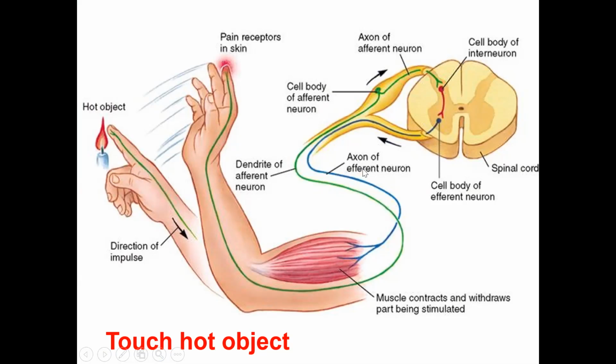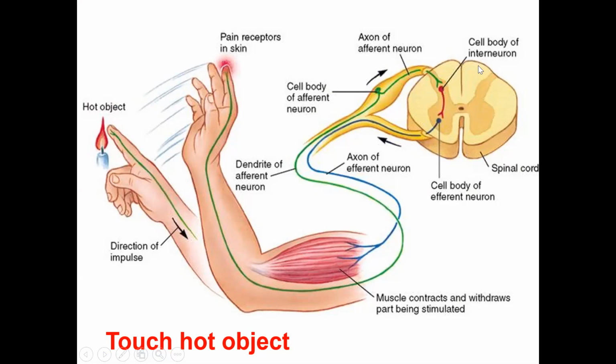For example, when you touch a hot object, the pain receptor will detect the stimuli. The stimuli is the hot object. This pain receptor will send the nerve impulse to the spinal cord using what? Using the afferent neuron.